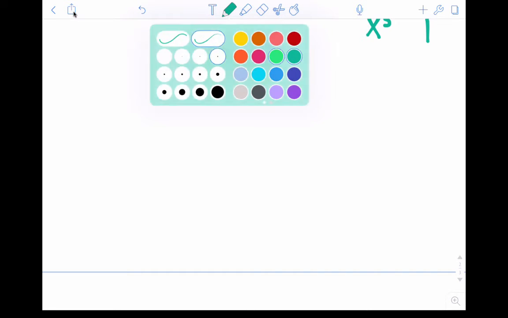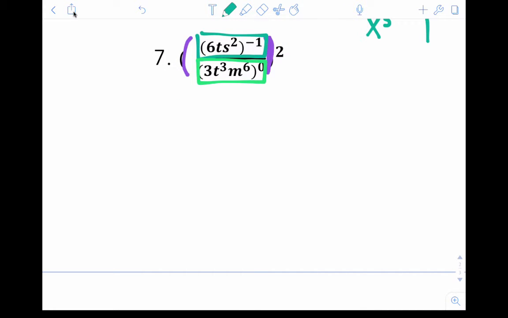So first I'm looking at my numerator, which is 6ts squared to the negative first. Well, that actually ends up moving down to my denominator. So I'm going to move my 6ts squared, and then it becomes the positive power of 1, so I can leave it like that.